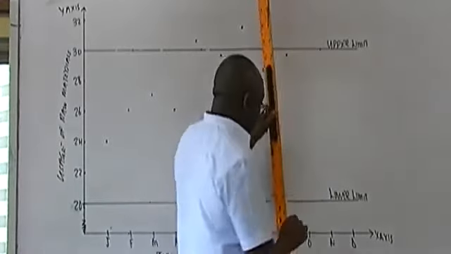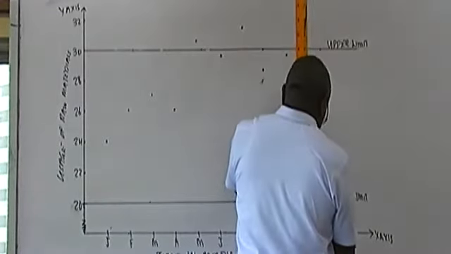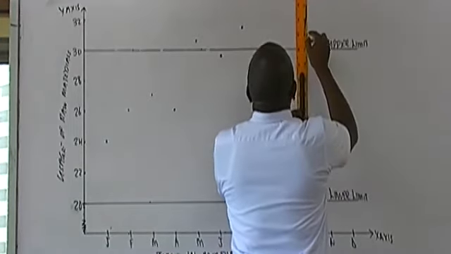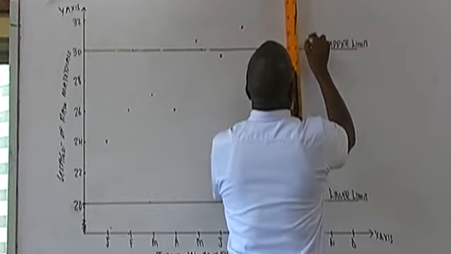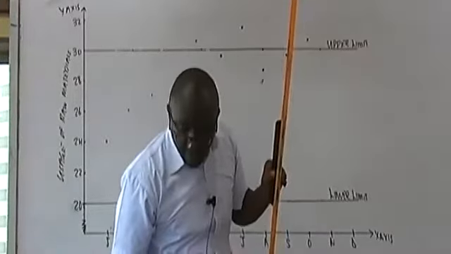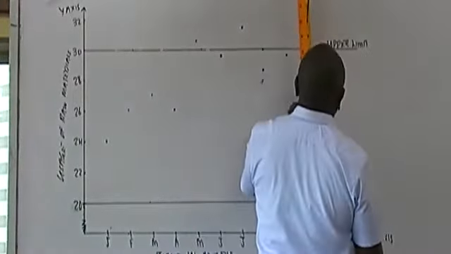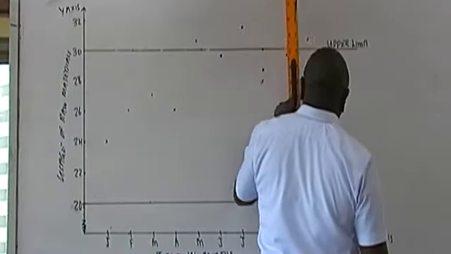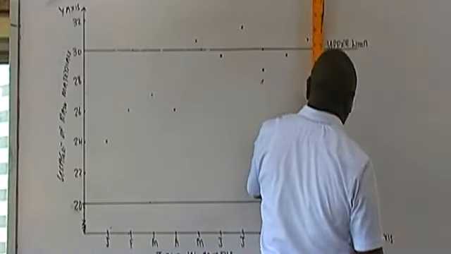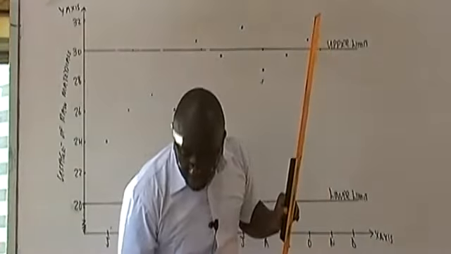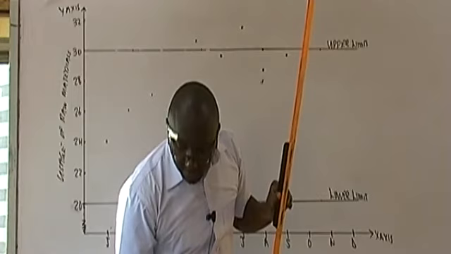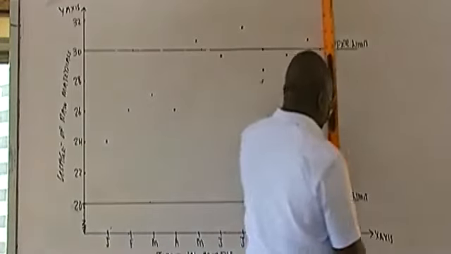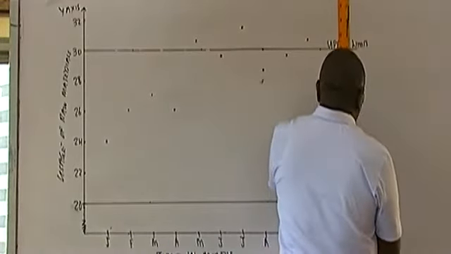Then we have 30,750. 30, that one should be here, so 750 here.